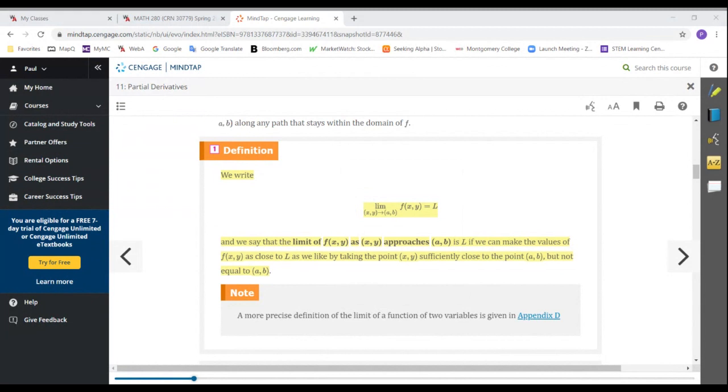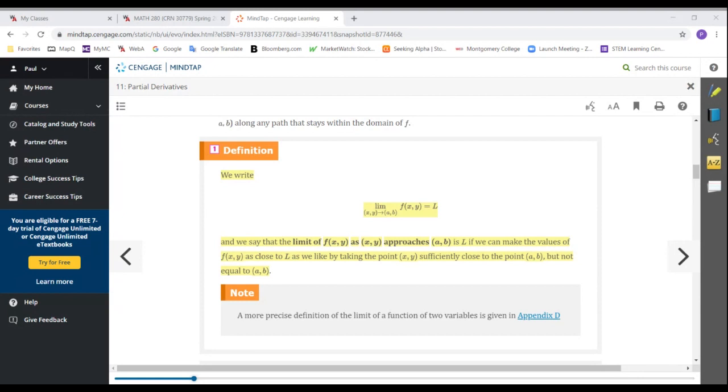The limit of a function of two variables approaches a limit L. I want to be careful. As x and y, if you look at xy coordinates, as they approach the point (a, b), the function will have a limit so long as no matter what direction we approach, the limit's the same.